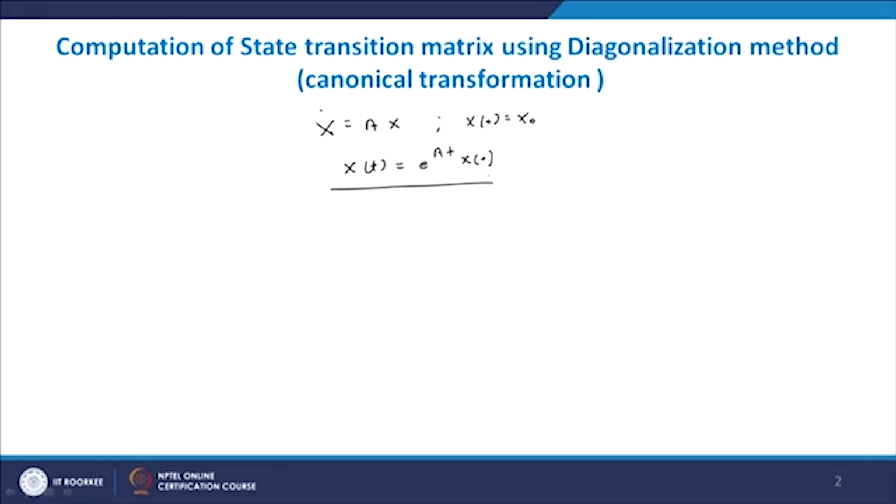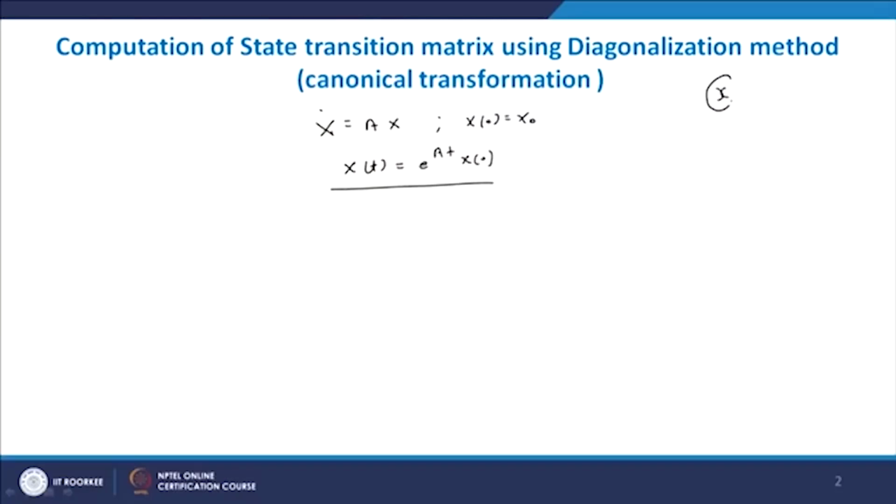We have seen that diagonalization is based on a different state; that means the original system in state x can be converted into state z or state k, any state. Here our system is in state x form, and diagonalization means converting it into a different state.